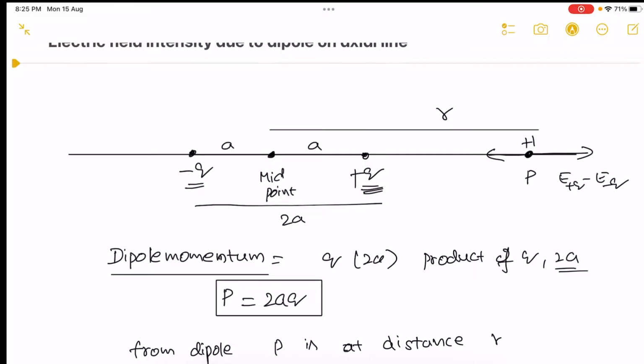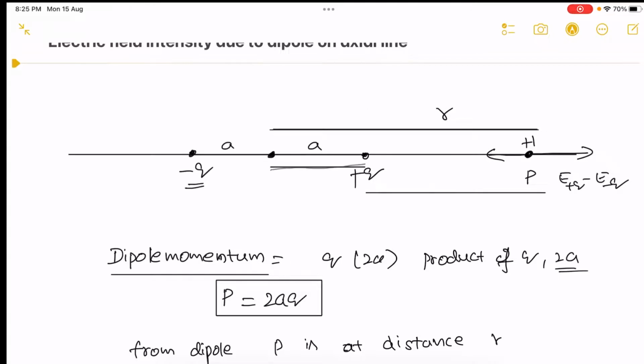Now we want to calculate what is the distance between plus q and P. Look here, from the midpoint P is at a distance r, and from the midpoint plus q is at a distance a. So suppose this length is cut, then we get this length. Cut means subtraction, so this is r minus a.